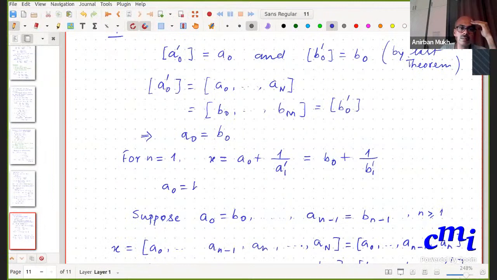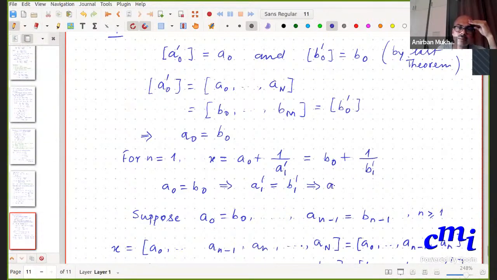Therefore a1 dash, the first complete quotients, are equal to b1 dash, and therefore their integral parts are also equal.